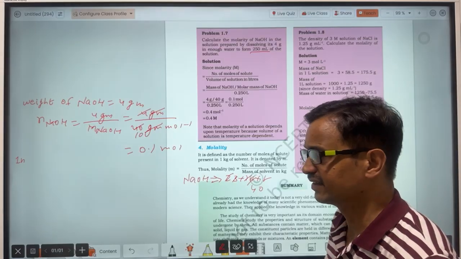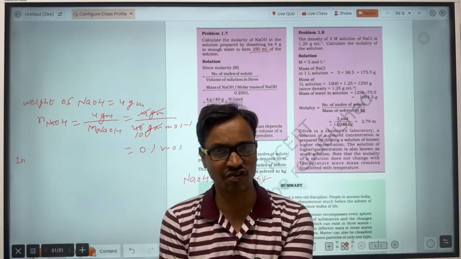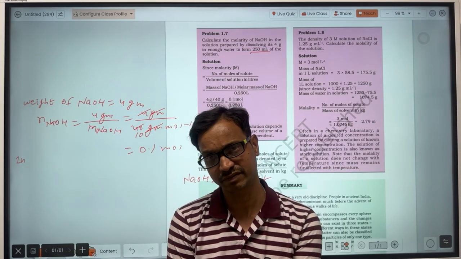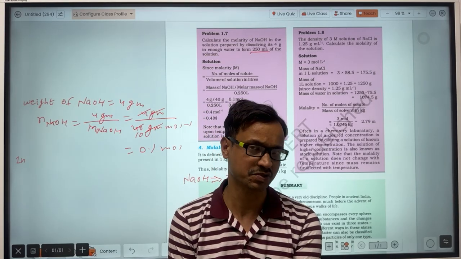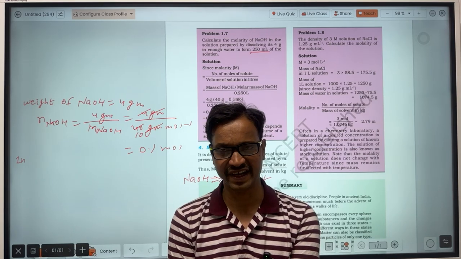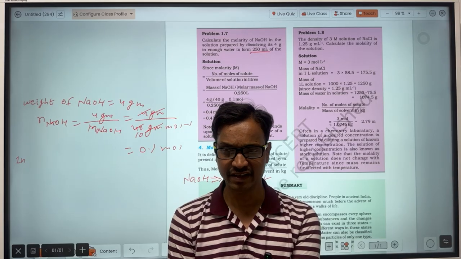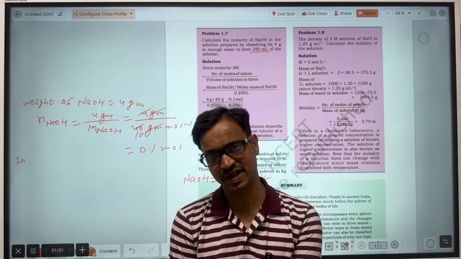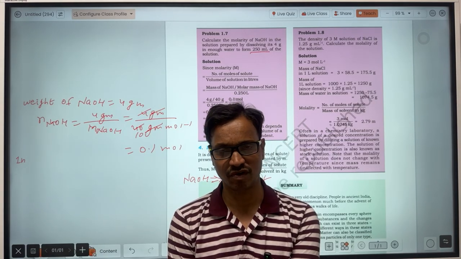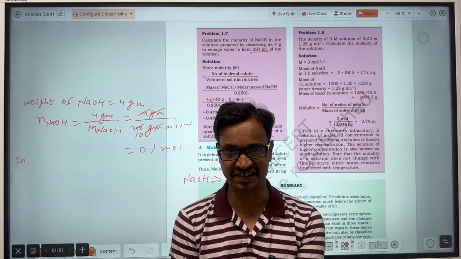When the volume of the solution is 250 milliliter, the number of moles of NaOH is 0.1. So when the volume of the solution is 1 liter, what will be the number of moles of NaOH? That will be the molarity.